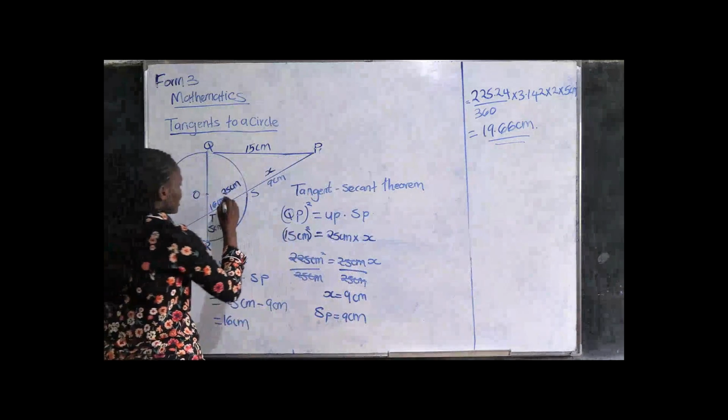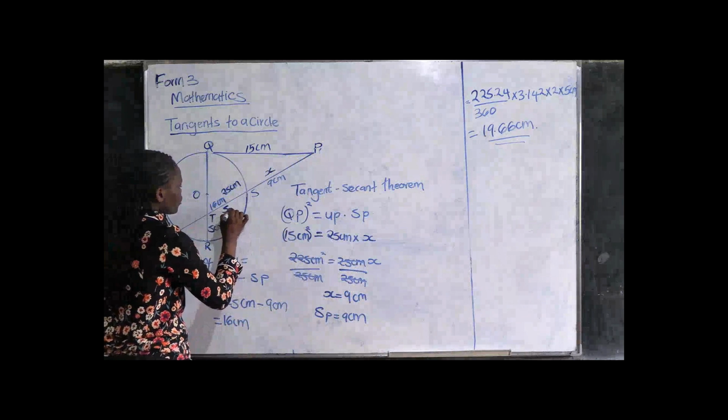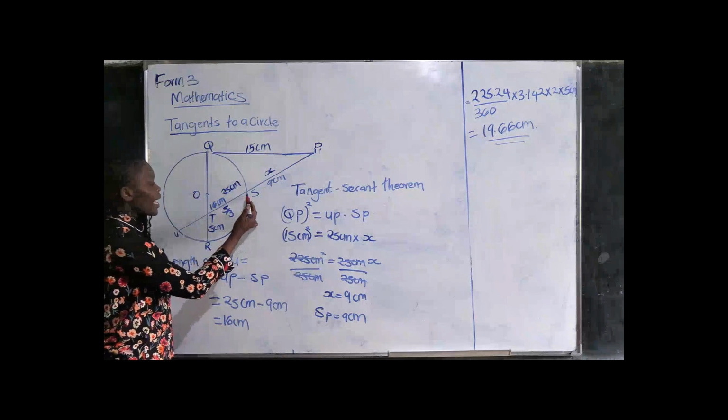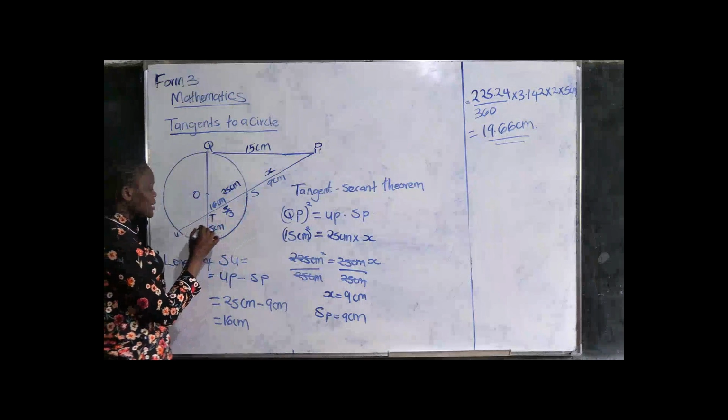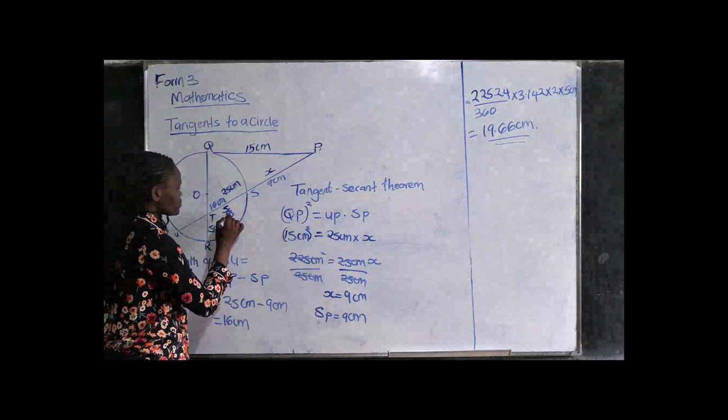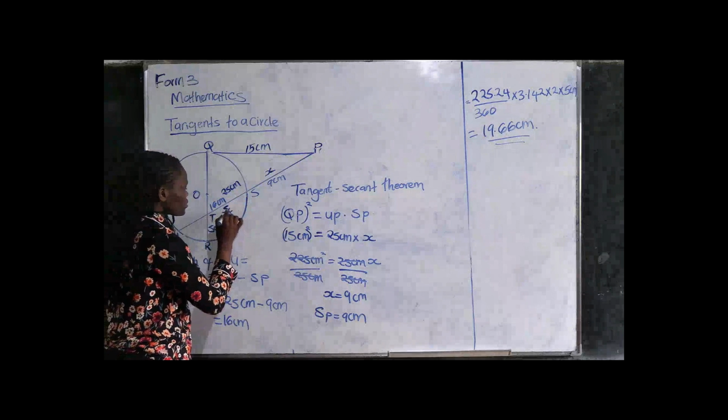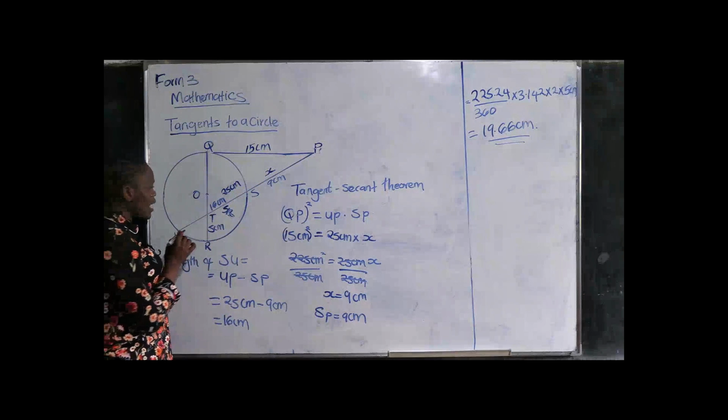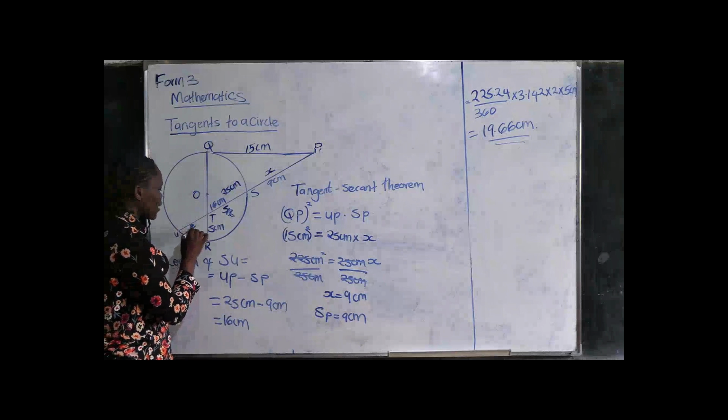If it is 5 to 3, that one will be 5 out of 8, that is the distance from S to T, and the total at this point will be 8. And then at this point we will have 3 out of 8.